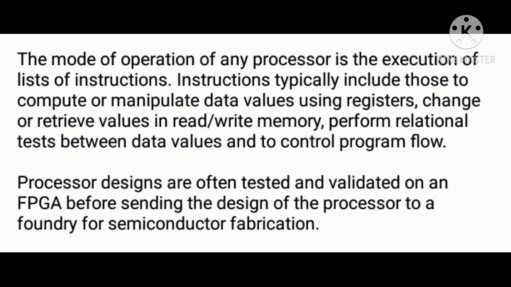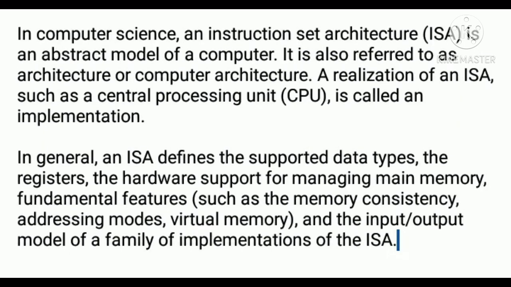for semiconductor fabrication. In computer science, an instruction set architecture (ISA) is an abstract model of a computer. It is also referred to as architecture or computer architecture. A realization of an ISA, such as a central processing unit (CPU), is called an implementation.